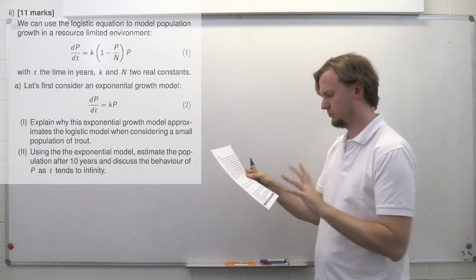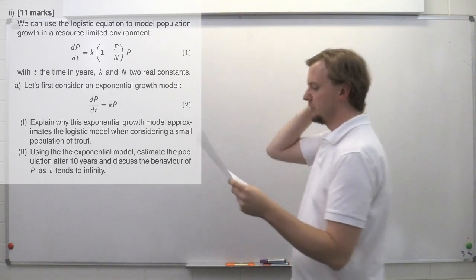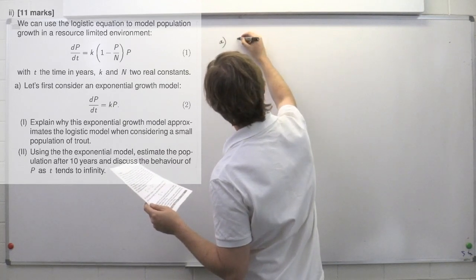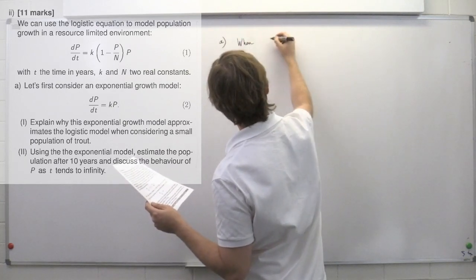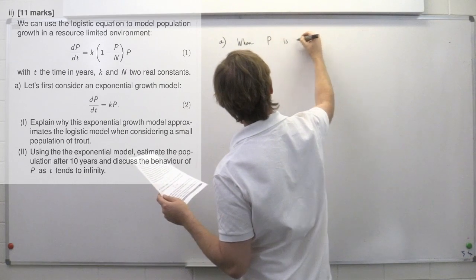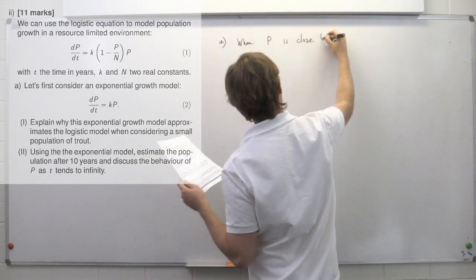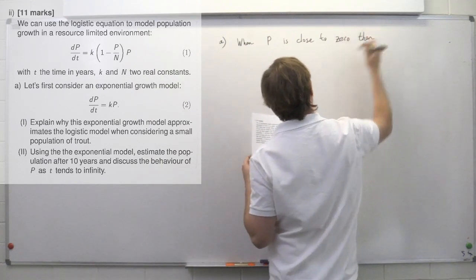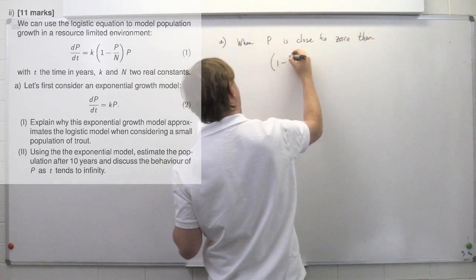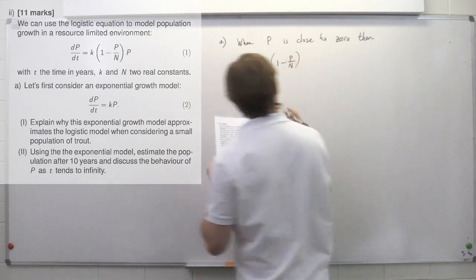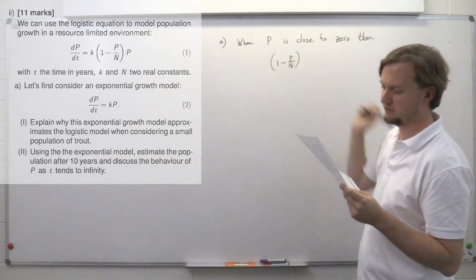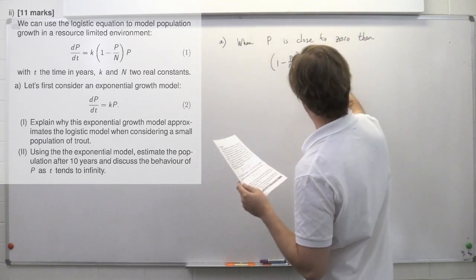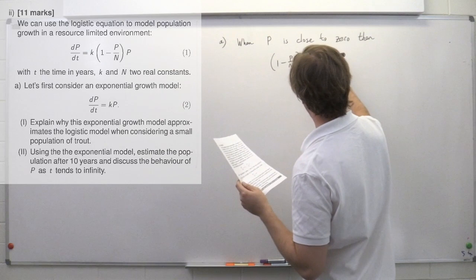That's just turned into a 1, it seems. And I think that's the key observation here: when p is close to 0, then the term 1 minus p over n, as long as p is much, much smaller than this parameter n, is going to be approximately 1. So for small p's, this will be approximately 1.